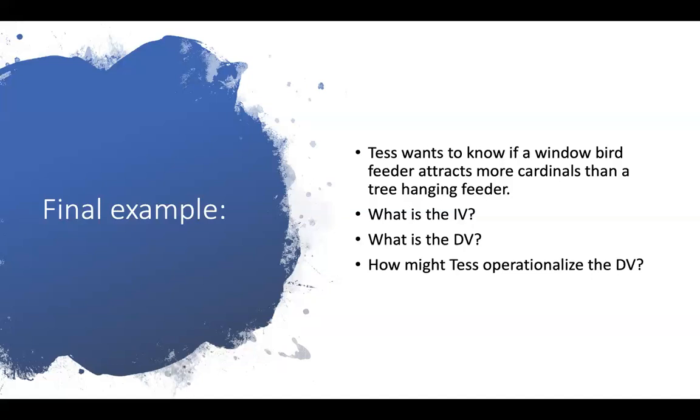Hopefully that makes sense. But here, the example, just in terms of independent and dependent variables, which feeder is the independent variable. The dependent variable is how many cardinals, and it depends on how Tess operationalizes the dependent variable. You would, of course, need to know enough to know that maybe cardinals are territorial. How territorial are cardinals?